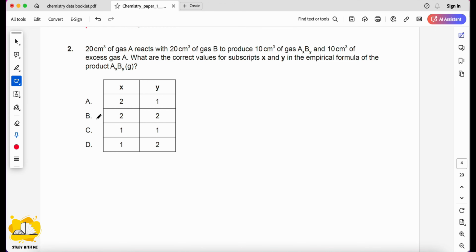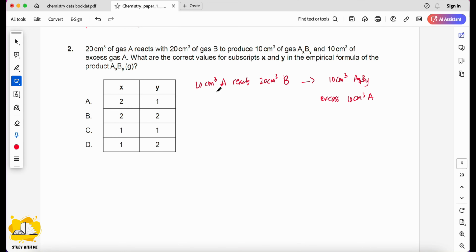Number 2, 20 centimeter cube of gas A reacts with 20 centimeter cube of gas B. So 20 centimeter cube gas A reacts with 20 centimeter cube gas B, produce 10 centimeter cube gas AxBy, and there is excess 10 centimeter cube gas A. So based on this, we can see that 20 centimeter cube gas B reacts completely, used up all, but only half of gas A reacted.